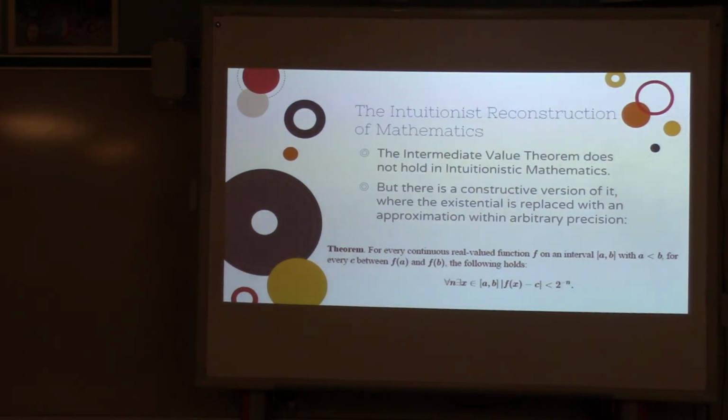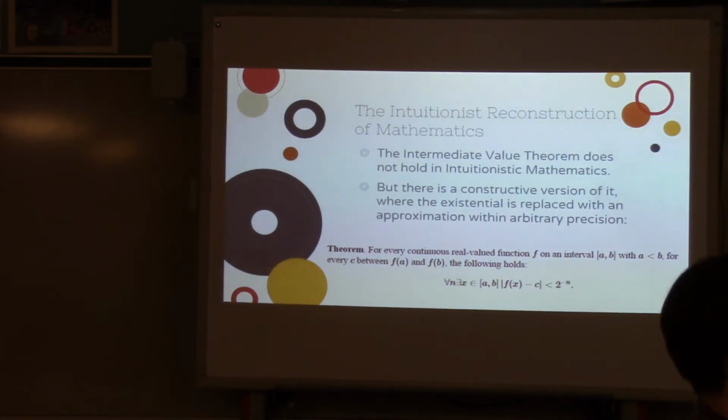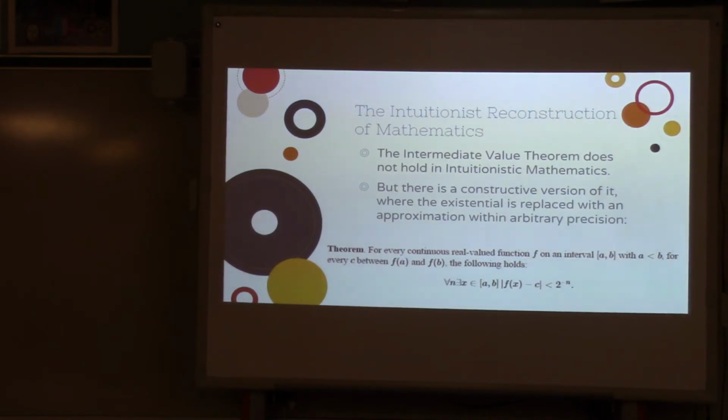In constructivist mathematics, intuitionist mathematics, you cannot have something like the intermediate value theorem, because the intermediate value theorem just says, if, blah, blah, blah, then there exists a point C. But it does not give you an algorithm for constructing that point C, or at least not obviously. So if you want to be an intuitionist, and a lot of people did want to, everything just kind of sucks. Everything is just way harder than it is if you accept the mainstream mathematical principles.